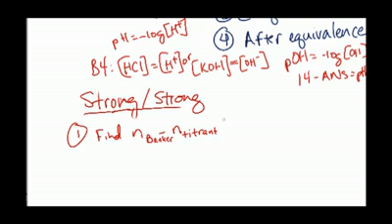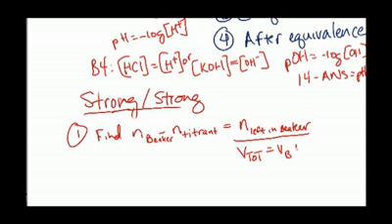Okay, and then you will have moles left in beaker, and at that point what you do is divide by the total volume, which is the volume of the beaker plus the volume of the titrant, and that will give you the molarity of what's left in the beaker.